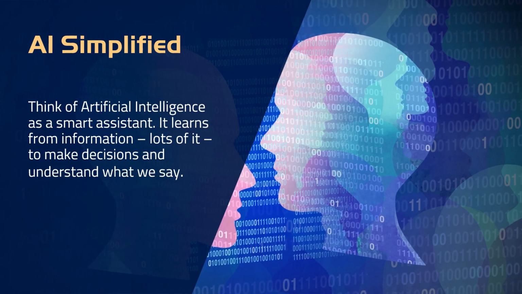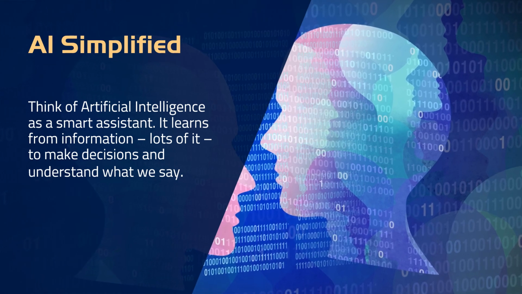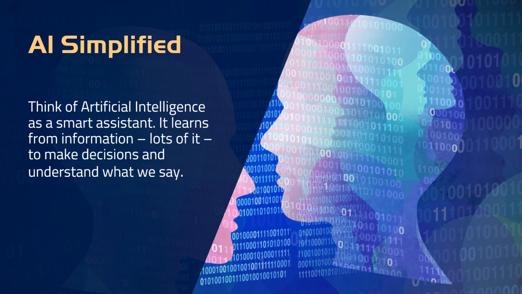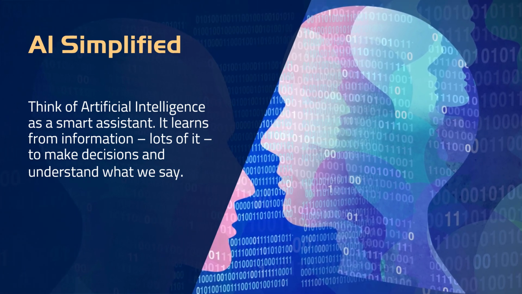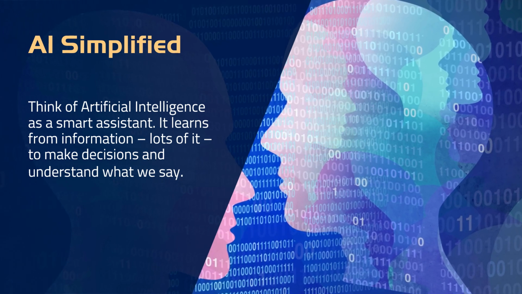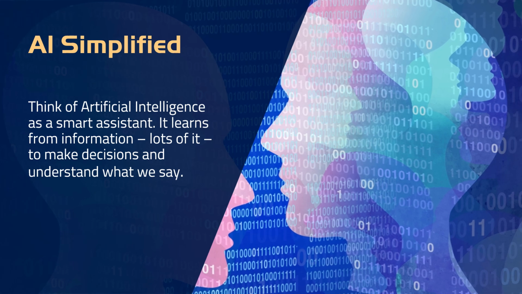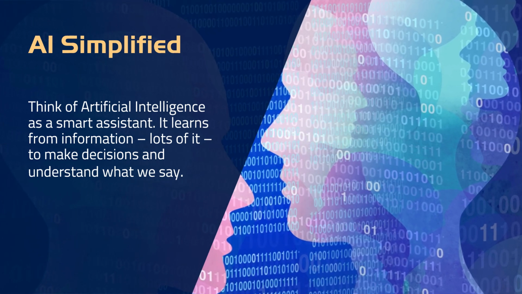So if you think of artificial intelligence as your ultimate smart assistant, always ready to lend a helping hand, it's constantly learning from vast amounts of information, absorbing data to make informed decisions and understand the nuances of our communication. Through this process, AI becomes adept at making decisions and comprehending the intricacies of what we say, enabling it to provide relevant and valuable insights.